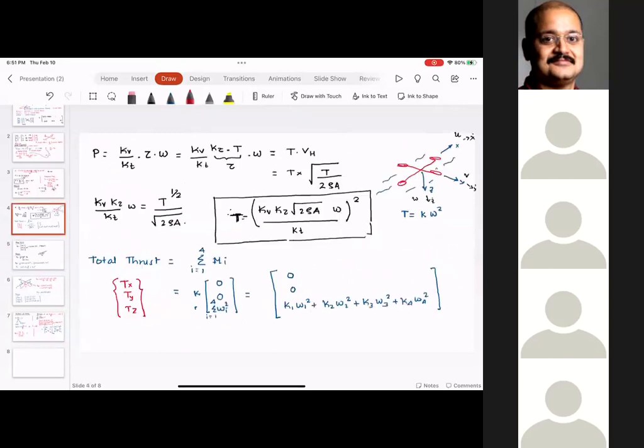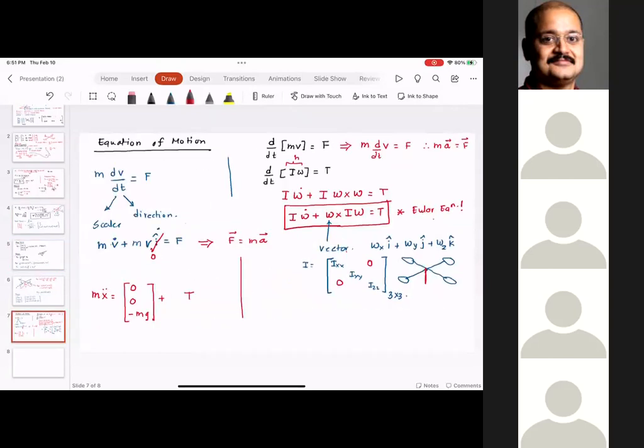So that equation of thrust is in the aircraft body frame. I need to use the rotation transformation that would take me from body to inertial, because this is in the inertial frame.